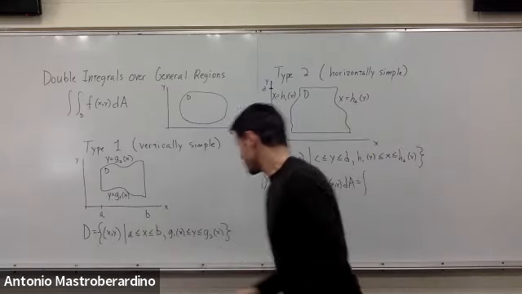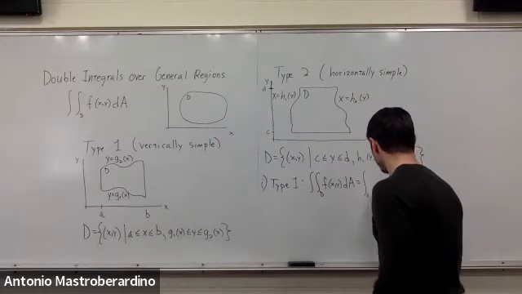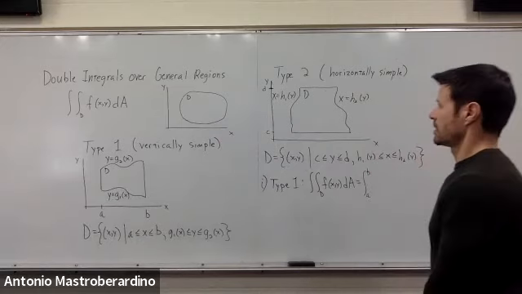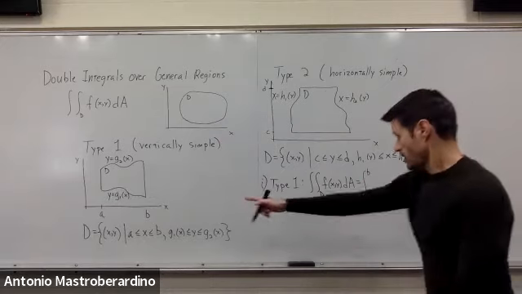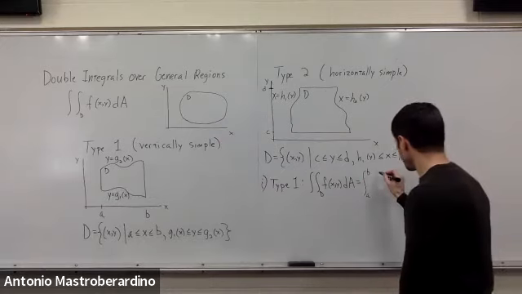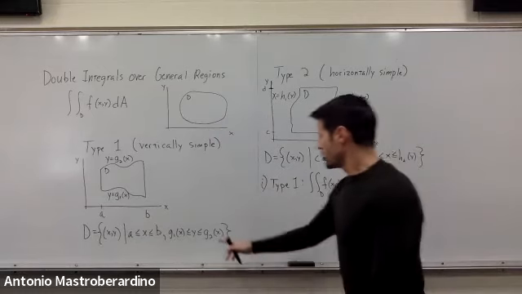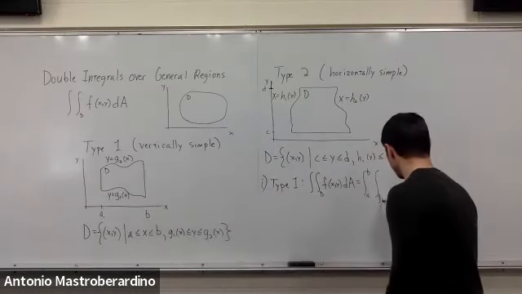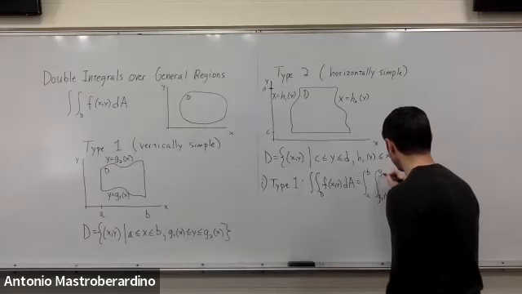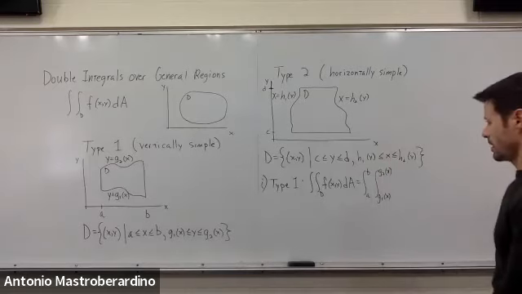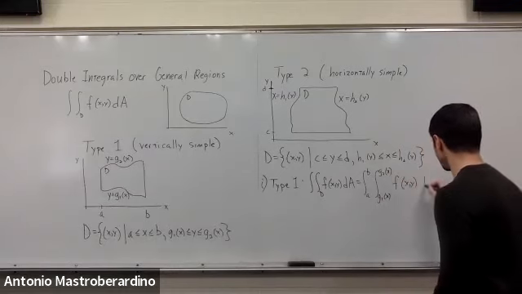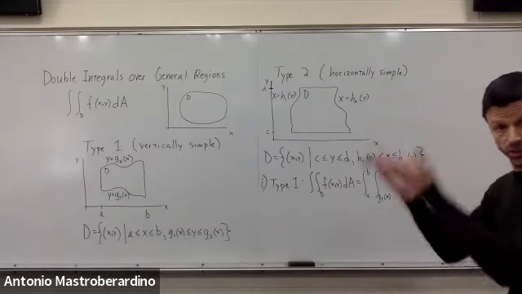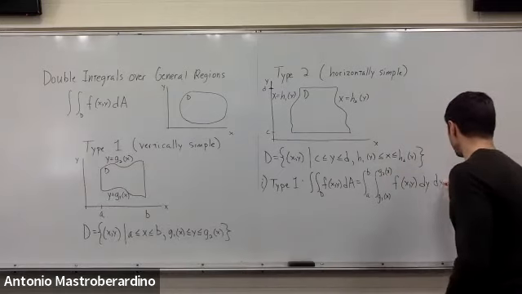Limits of integration on the outside will always be constant regardless of the kind of region we're considering. So they're going to be A and B. And then the inside limits of integration need to be functions of just one variable, and in this case for type 1, they're going to be functions of x only. And then we have our function of x and y, and we are going to integrate with respect to y first, or vertically first, and then with respect to x.